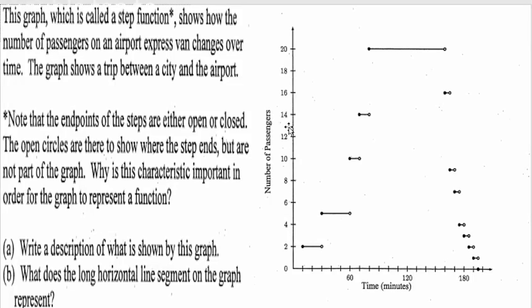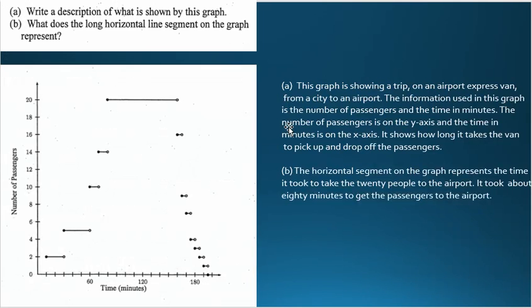So the next question, A, write a description of what is shown by this graph. And I wrote, this graph is showing a trip on an airport van from a city to an airport, and the information used in this graph is the number of passengers and the time in minutes.